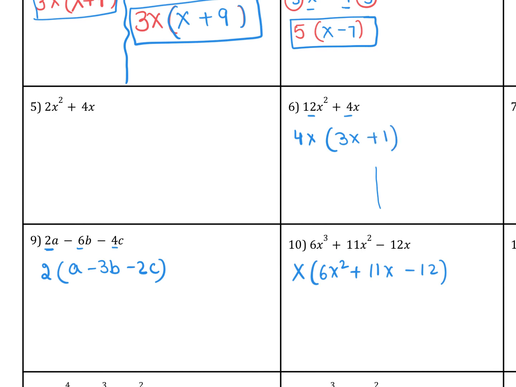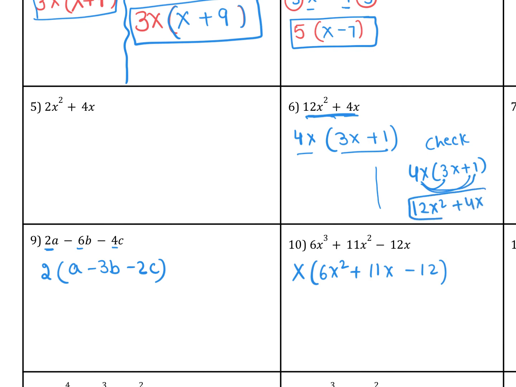So remember, when you factor an equation into two factors, it should give you the same answer as the original when you combine them together. So for example, if you're not sure if you did it correctly or not, you can check this by distributing: 4x times 3x would be 12x squared, and 4x times 1 would be 4x.